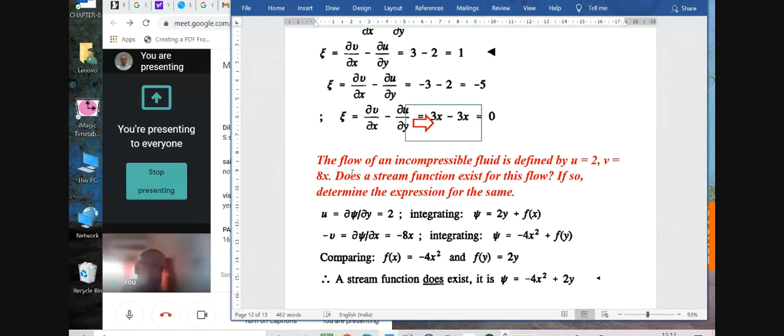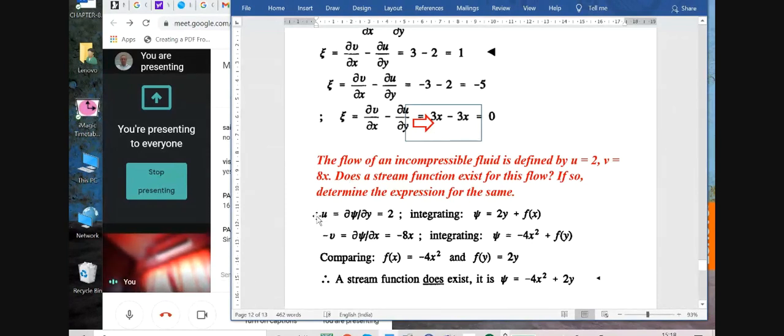So now, for this case, it is given that it is a flow field, and the velocities are given.